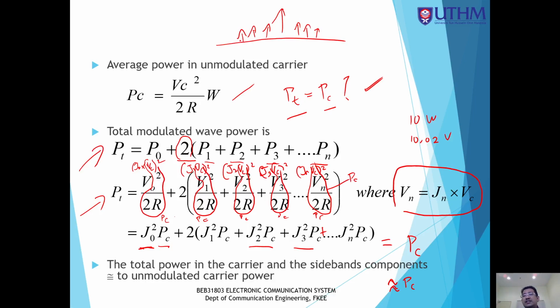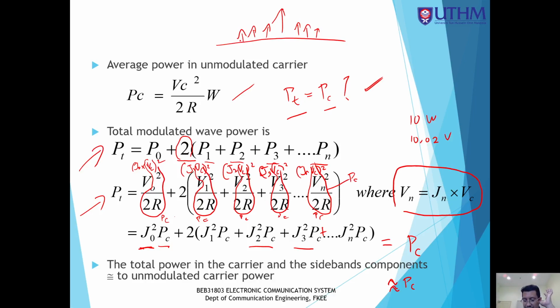The difference is just in terms of a few decimal points. The difference might not be up to 1, just a few 0 point something, very small. Okay, so you will see later in the example.